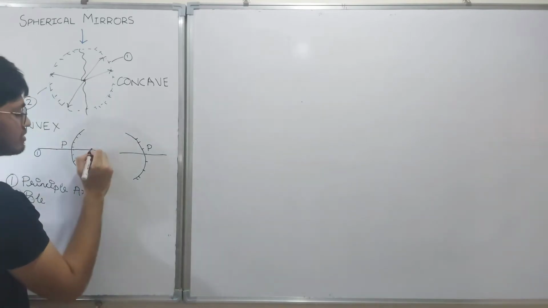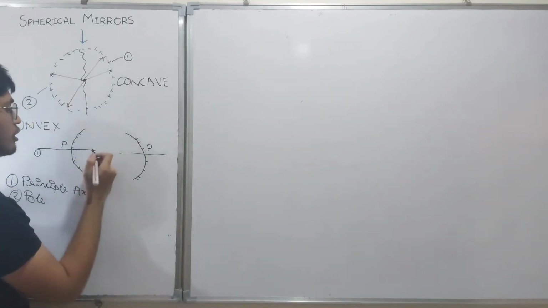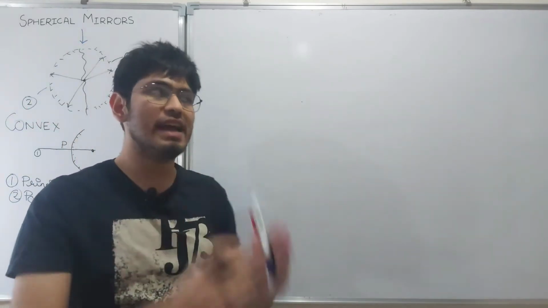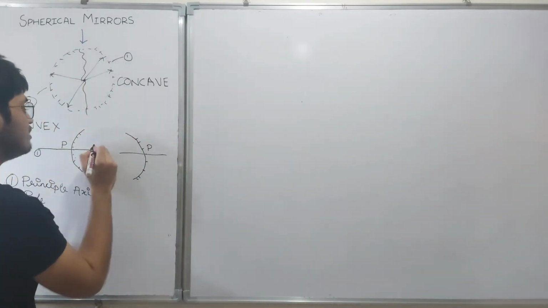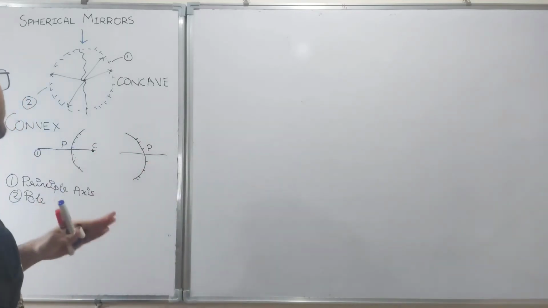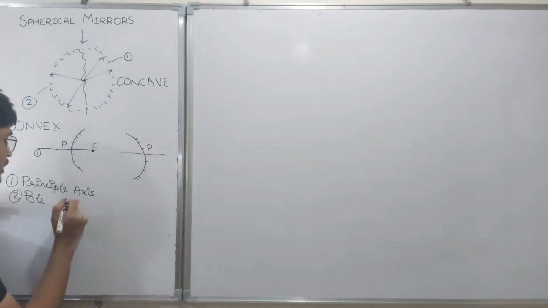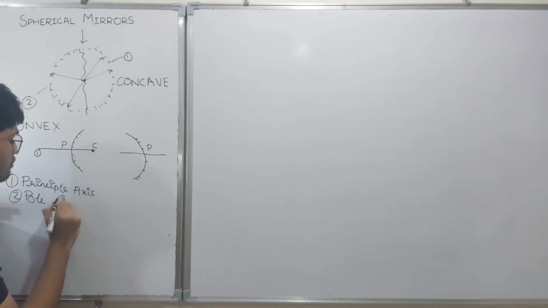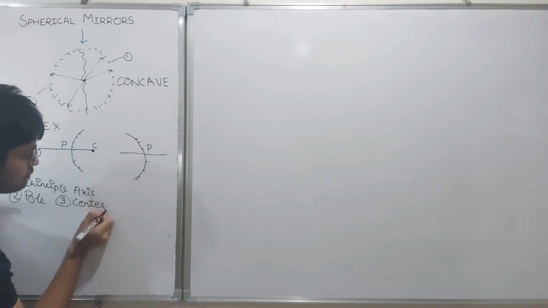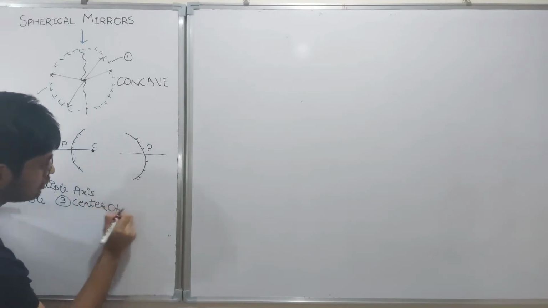Suppose this is the center of this particular mirror. This center of the mirror is known as the center of curvature. I am representing this center of curvature by a capital C. So the third terminology that we understood is the center of curvature.